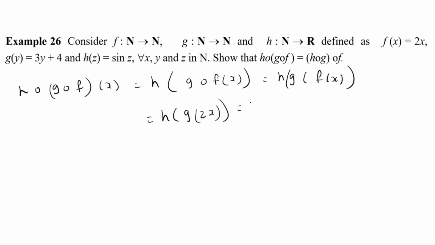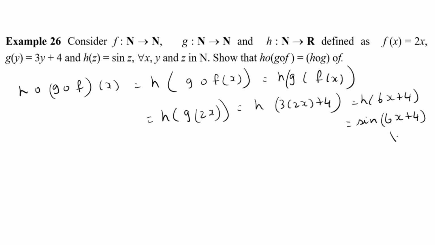Now g of 2x will be 3 into 2x plus 4. So it is equal to h of 6x plus 4. H of z is sin z. So h of 6x plus 4 will be sin of 6x plus 4 for all x belongs to n.